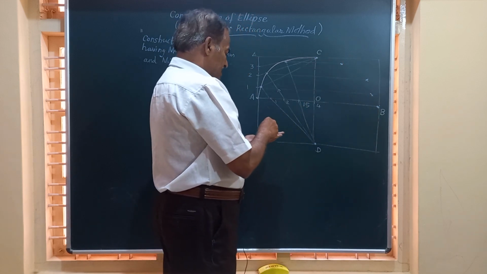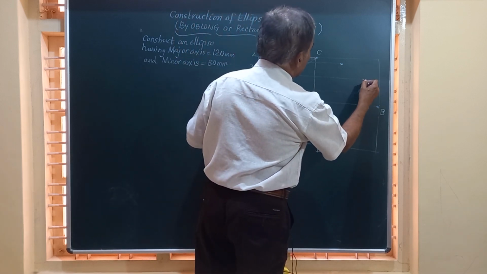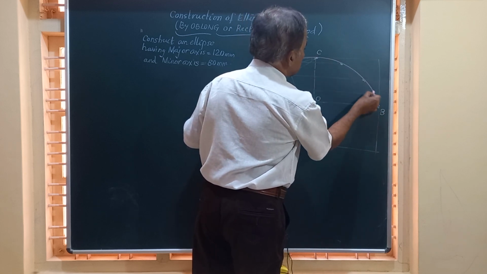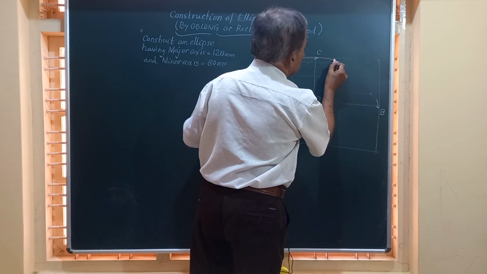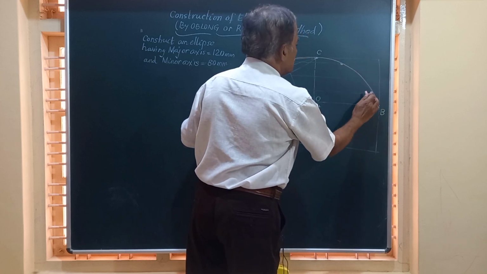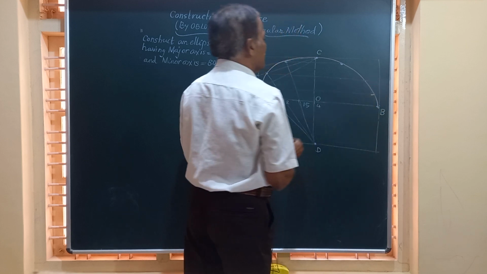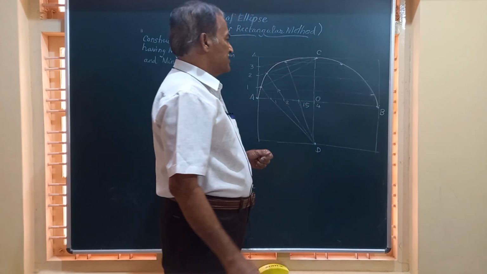So draw a smooth continuous curve similar to what you have drawn here to obtain this part of the ellipse. So you are going to get this point here. So this is the ellipse. Friends, you have completed one half of the ellipse.